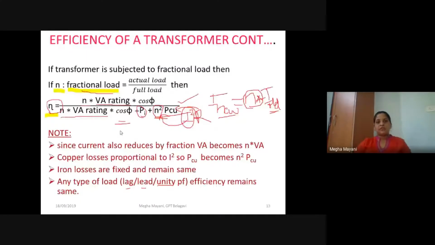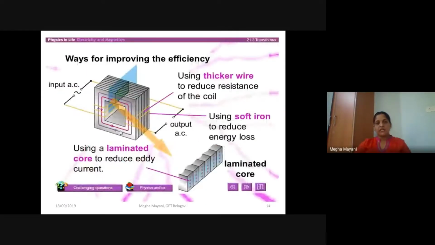Now, the ways to improve the efficiency, because we are working towards improving the efficiency so that we can achieve an ideal transformer. One way to improve the efficiency is using thicker wires. As I told, if you increase the diameter of the coils wound as primary or secondary, making those wires thicker will reduce the resistance of the coil. So it will improve the efficiency, obviously.